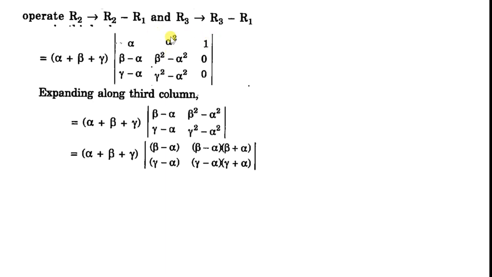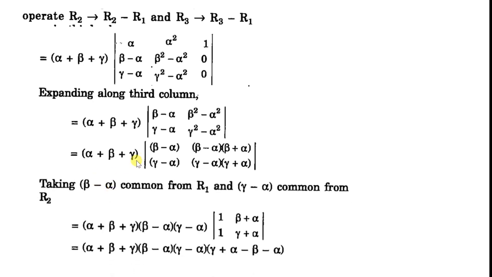Now, we can expand it by the third column. When you expand it by the third column, you have this expression: beta minus alpha and beta square minus alpha square, gamma minus alpha, gamma square minus alpha square. After factorizing, we can take beta minus alpha common from the first row and gamma minus alpha common from the second row.